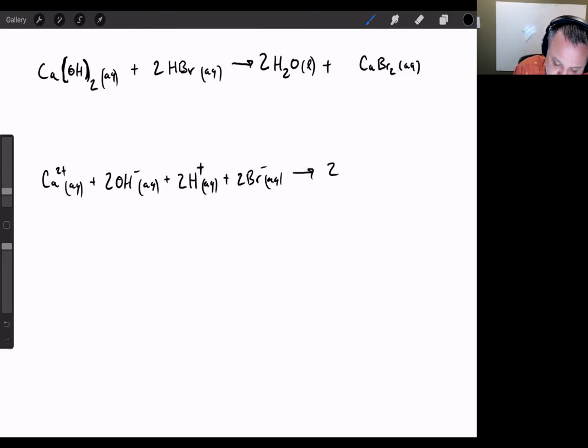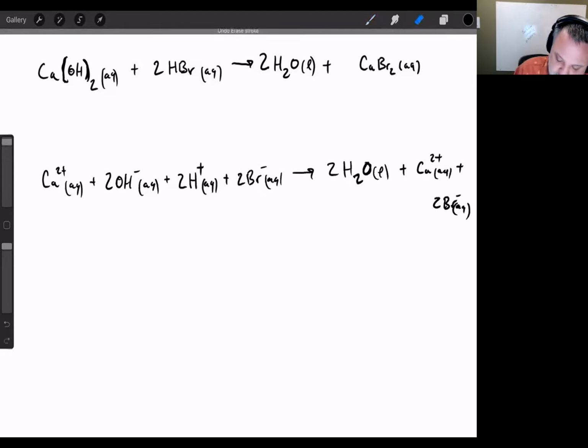And that produced 2 waters. Water is a pure liquid. It is not broken up. So I write down pure liquids and pure solids and gases exactly as they appear. And the same thing now over here, Ca2+ aqueous plus 2 Br- aqueous. Let me spread that out just a little bit.